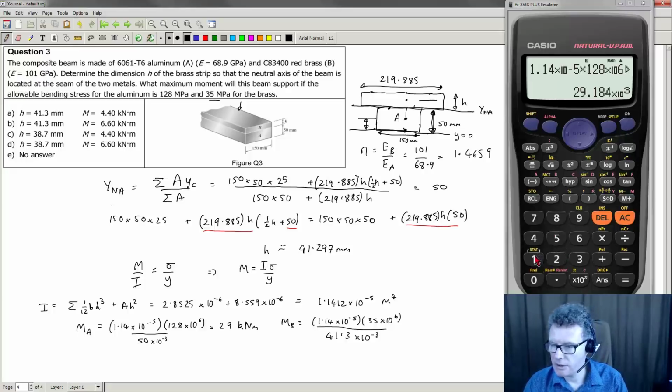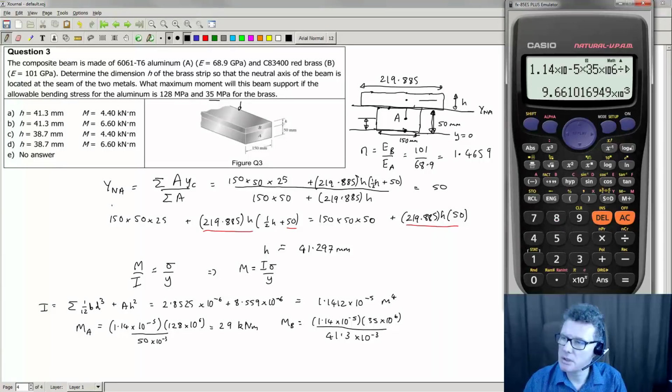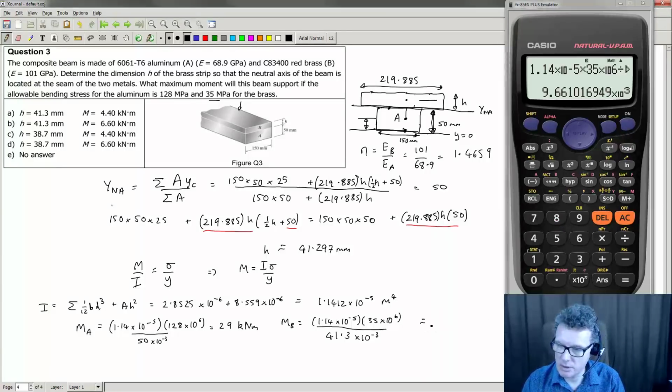So let's put that in a calculator and see what we get. So you get 1.14 times 10 to the minus 5 times 35 times 10 to the 6 divided by 41.3 times 10 to the minus 3. Press enter, and I'm going to get 9.66 kilonewton meters.